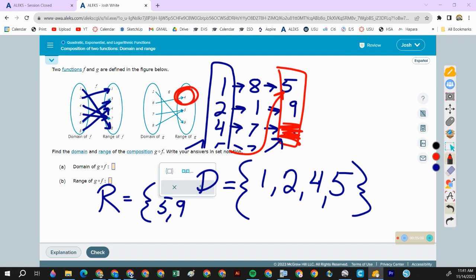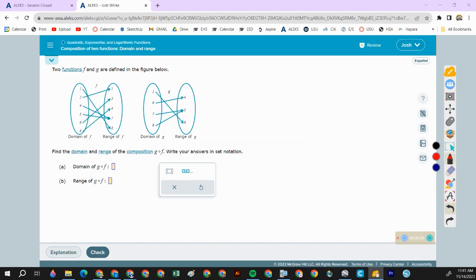It could ask. Well, my guess is it's always going to be the same one. So it might, if this was f of g, then you would just do it backwards. So let's try that and see what happens. Let's try to make, it might not even work, f composed with g. So f takes the number 1 and turns it into 9. And what does g do to 9?